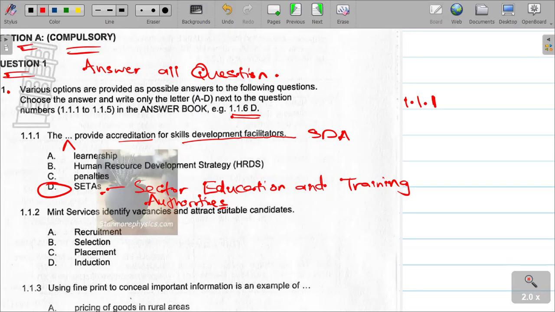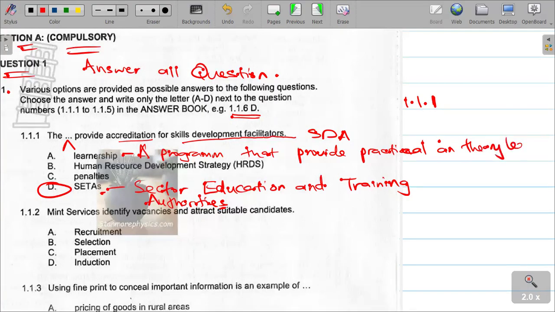So let's talk about learnership. Learnership is just a program that provides practical and theory learning whilst an employee is at the job, or while employed.